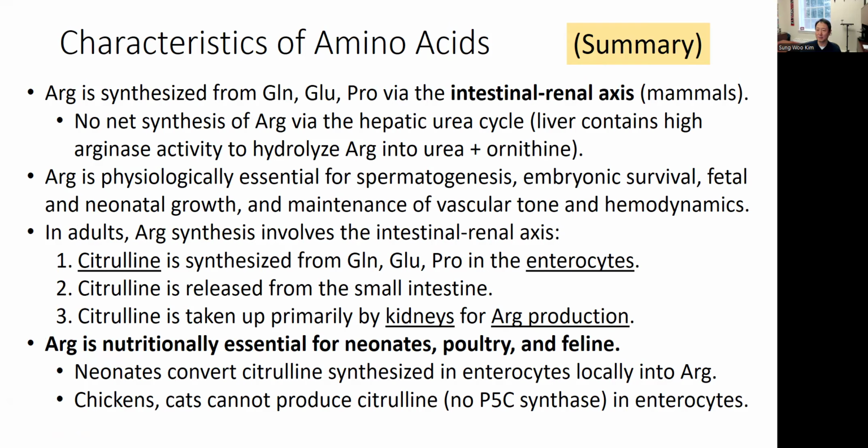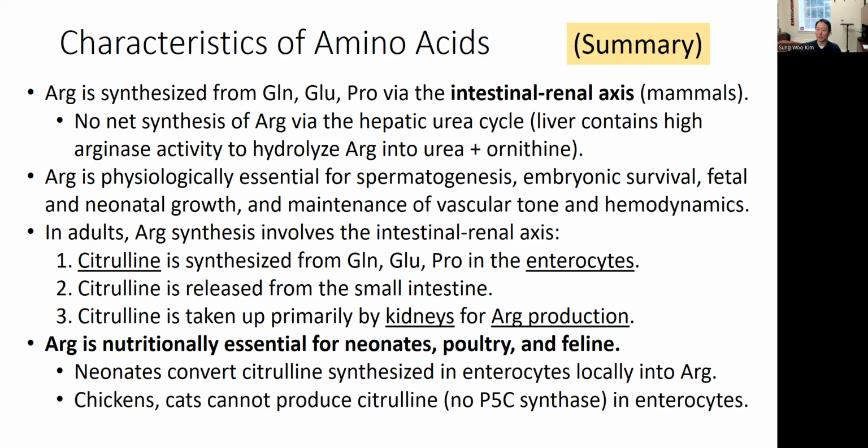So I provide a summary here. Very briefly, you see arginine in the urea cycle in the liver. In the hepatic urea cycle, arginine is synthesized from argininosuccinate. However, please know that arginine from the urea cycle will not be exported outside.